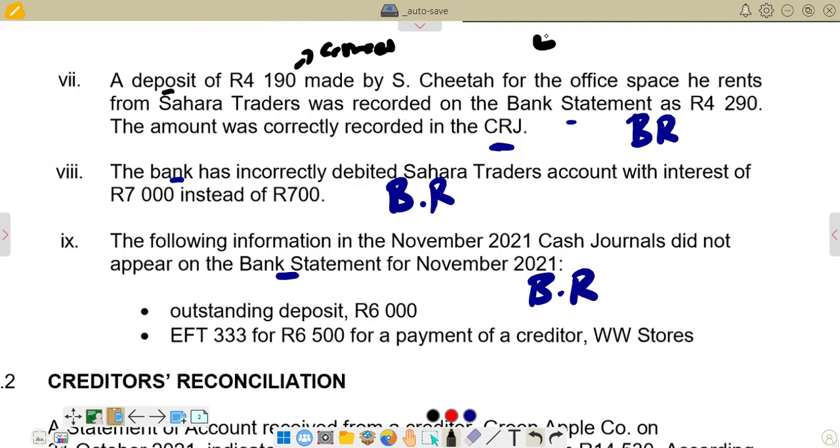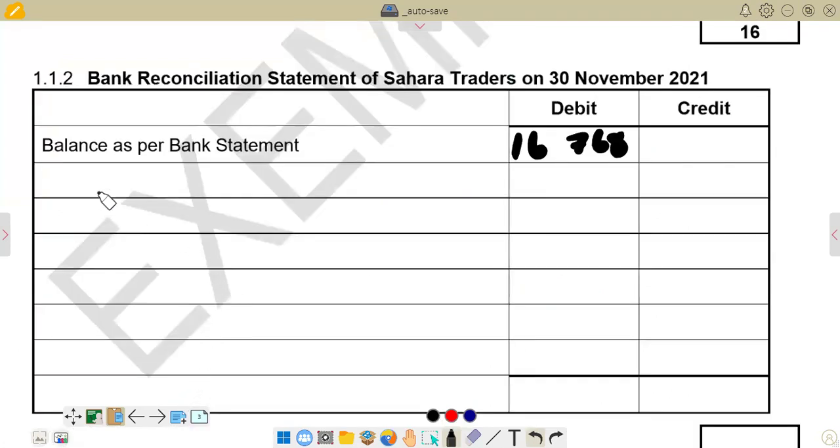So we are saying 4,290 minus 4,190, which you are supposed to put on the debit side, is our amount wrongly credited. So we come here in the reconciliation, saying amount wrongly credited.